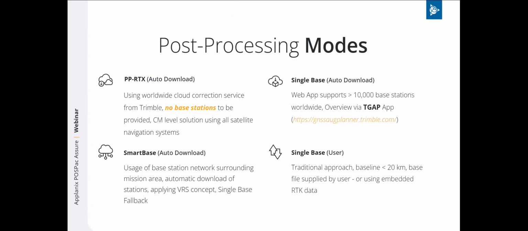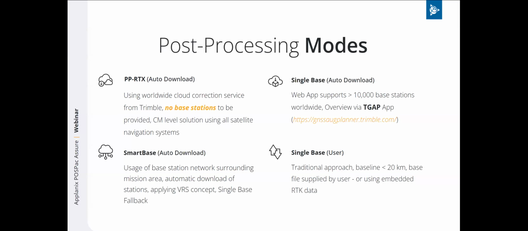Then we also support single base processing with two options here, either the auto download, where we leverage our own database of more than 10,000 base stations worldwide, which, by the way, you can also check in our so-called TGAP app, which is free of charge, or single base processing mode, where you as the user provide the base station data.